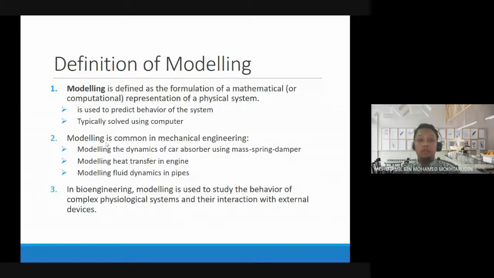When you cut a muscle, there's a force between the knife, or pisau, what is it in English, I forgot already, and the muscle. So there's an interaction between the tissue and some external things or device.